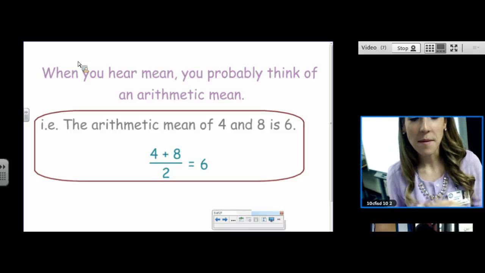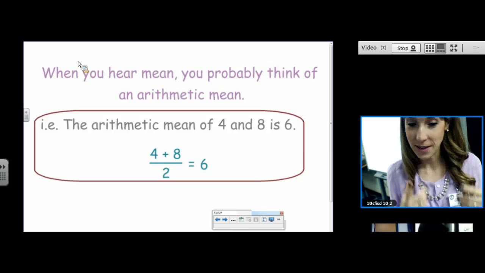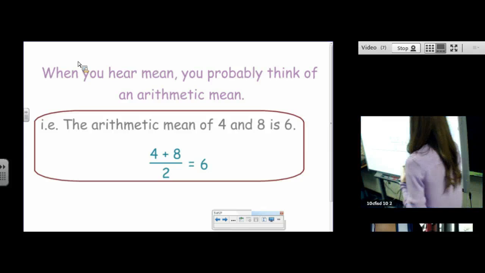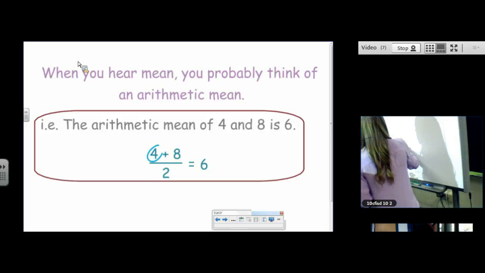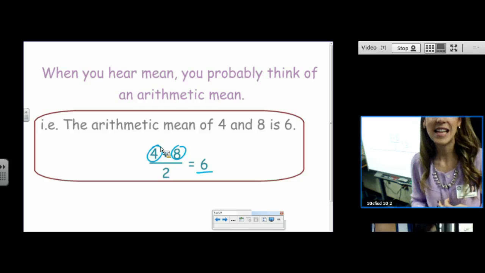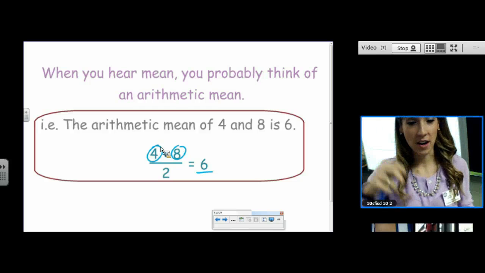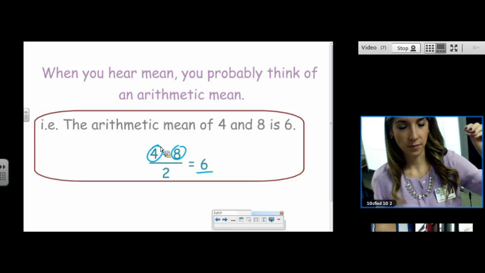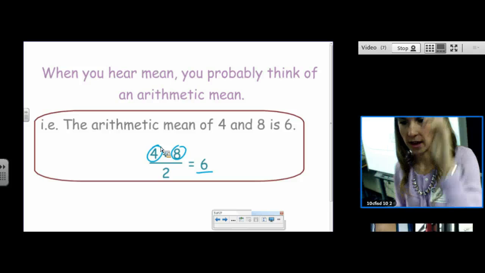What do we think a geometric mean is? So the arithmetic mean of 4 and 8 is 6. Let's step it up a notch. Instead of adding, how could we step up addition? Multiply. Good.